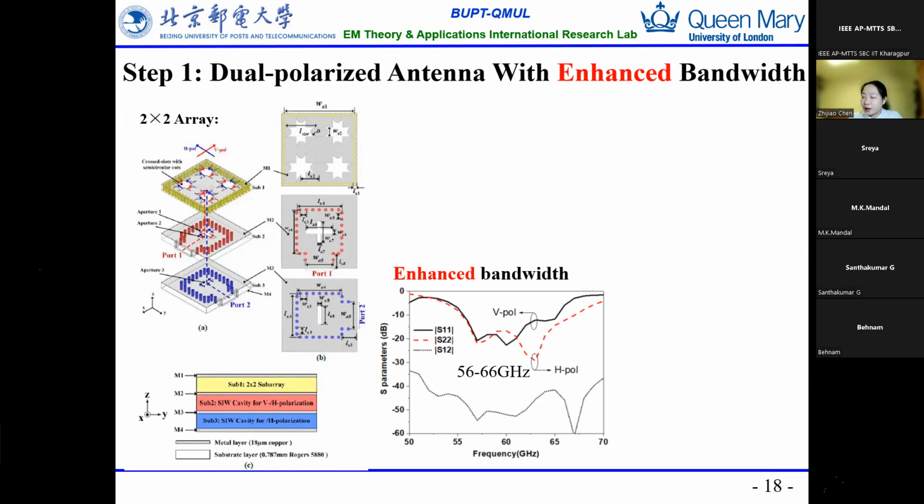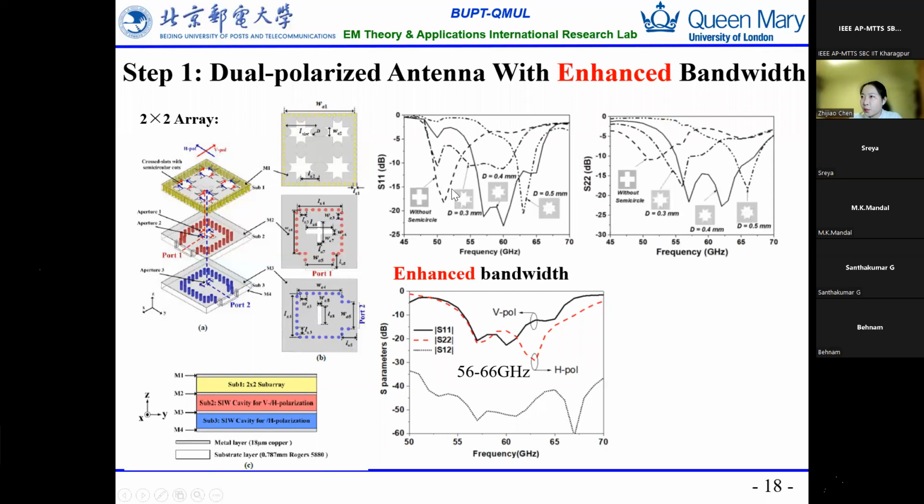We can also see that the antenna bandwidth is very large, because usually the slot antenna has a small or narrow bandwidth, but for this one we cut a semicircle on the edge of the slot, like here. In this way, the antenna bandwidth is enhanced. You can see without the semicircle cut, the bandwidth is very narrow, like here.